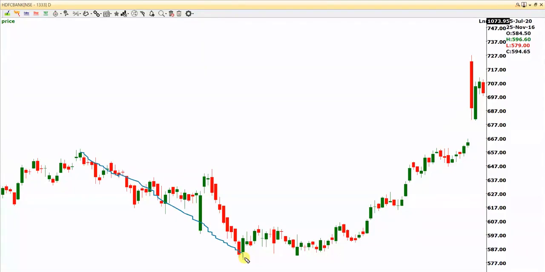Whenever something is coming down, I told you in the beginning itself, it will come down to find the buyers. If a good company's stock is coming down, what will happen?